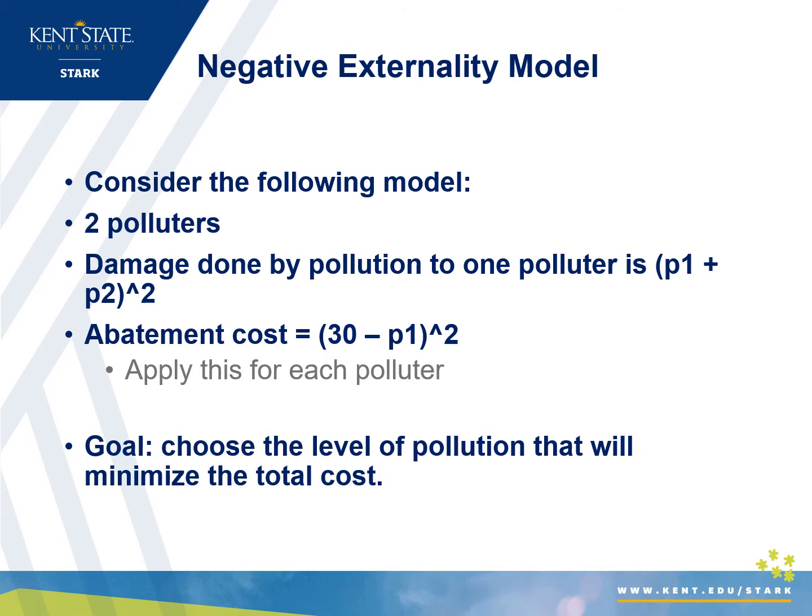On the other hand, they could pollute less, but it's going to cost them something to do it. And the further they cut their pollution, then we'll have this accelerating cost, which is captured by the square there. And this applies both to polluter 1 and polluter 2. So for polluter 1, we'd have P1 in the formula. For polluter 2, we'd have P2 in the formula. Now, the goal is to choose the level of pollution that is going to minimize the total cost.